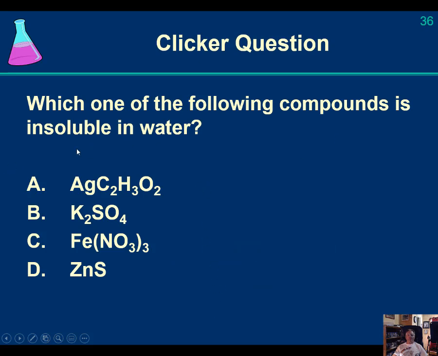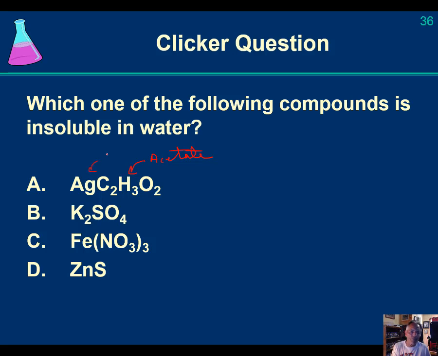So which of the following compounds is insoluble in water? All right. So you can stop the video and use your solubility rules and try and figure it out. But I'm going to go ahead and talk about it. This is an ionic compound. That's acetate. Now you know that silver, lead, and mercury compounds are generally not soluble.